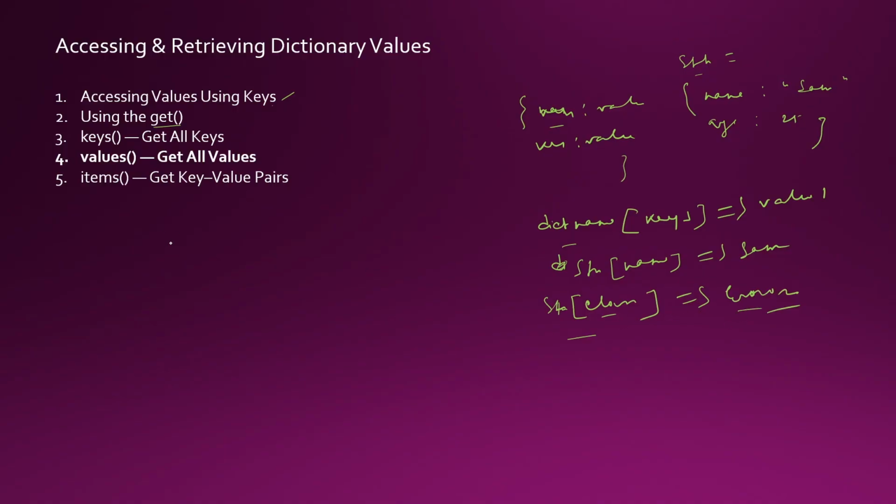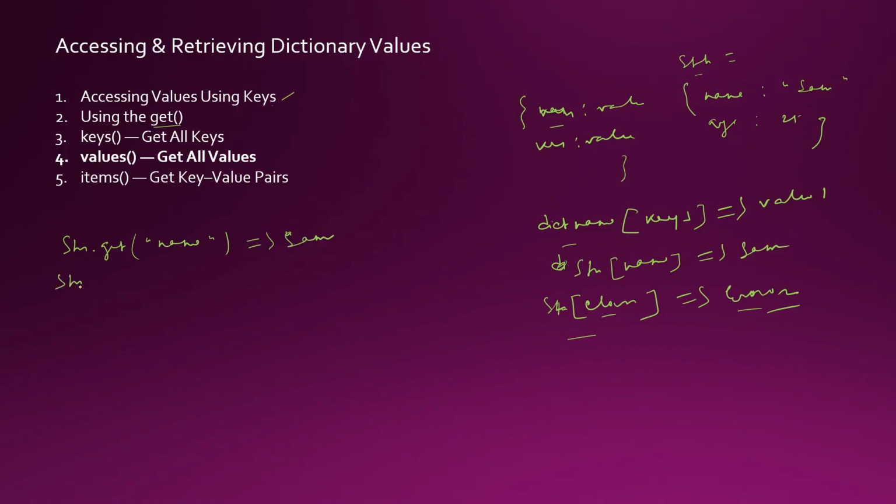But why is the get method safer? Because in case of get, we write student dot get, and within this we mention our key name. Suppose name, right? This will give me the same output.